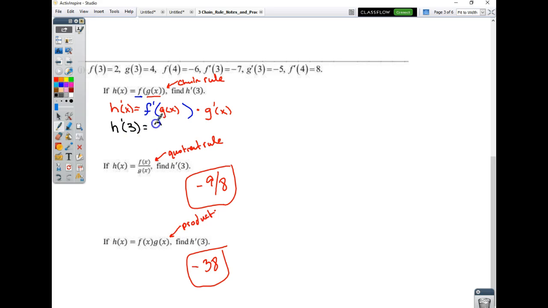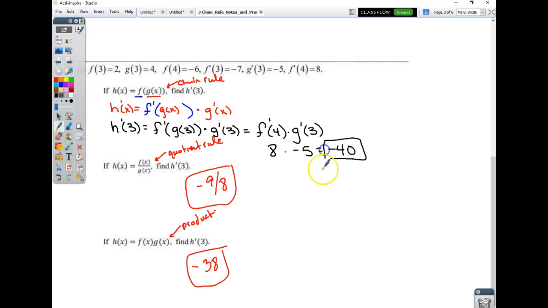So I want to find the f prime of the g of 3 times the g prime of 3. What is the g of 3? 4? So what does that mean? It means we want the f prime of 4 times the g prime of 3. 8 times negative 40 is your answer.